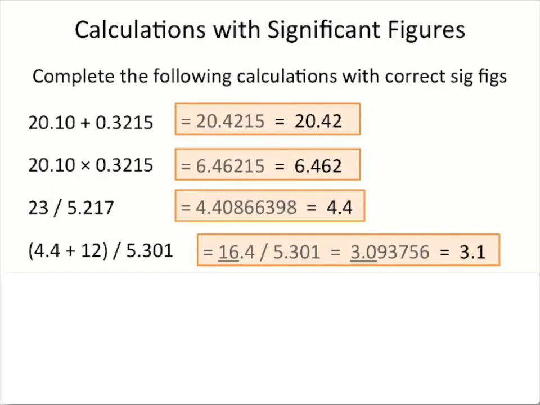Another thing to point out is what would happen if you rounded in your intermediate step instead of rounding at the end. So if you were to take the intermediate step and round it to 16 divided by 5.301, your calculator would tell you the answer is 3.018, which since 16 only has 2 sig figs, you'd get 3.0.